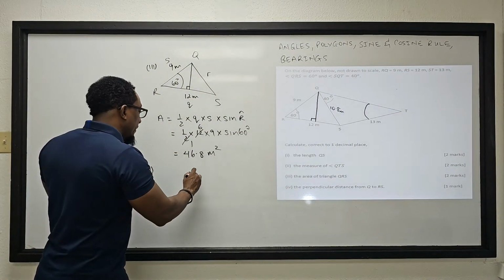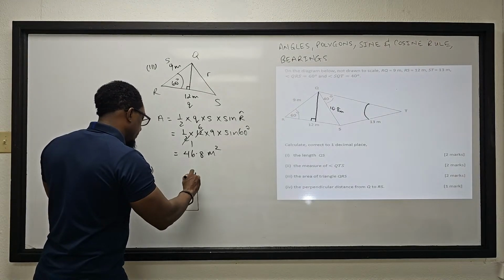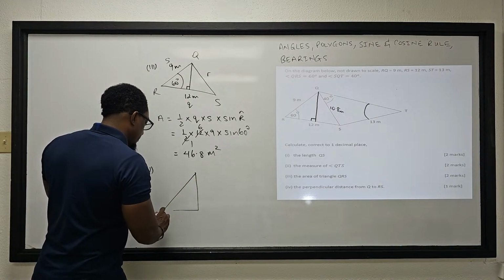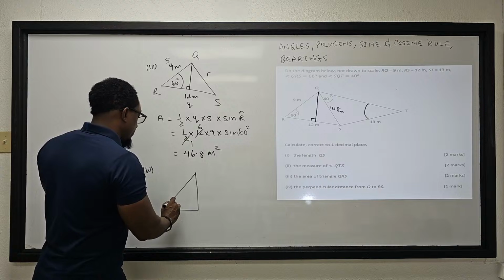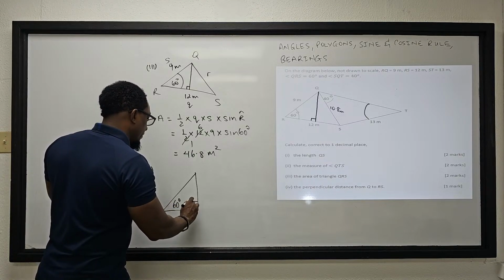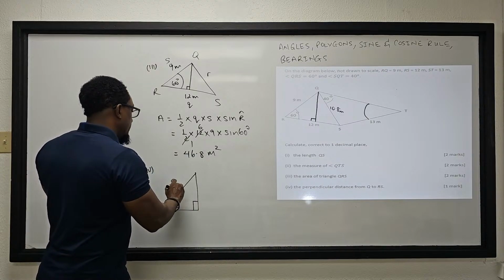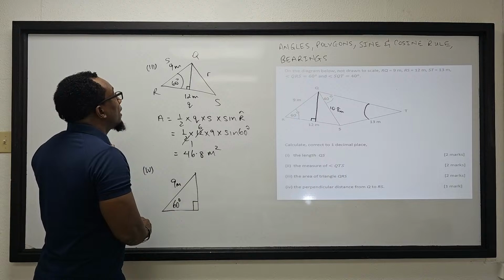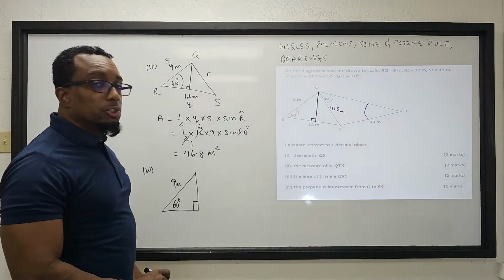can you see a right angle triangle? This is 60. This is 9 meters. And what we can do is to use trigonometry.